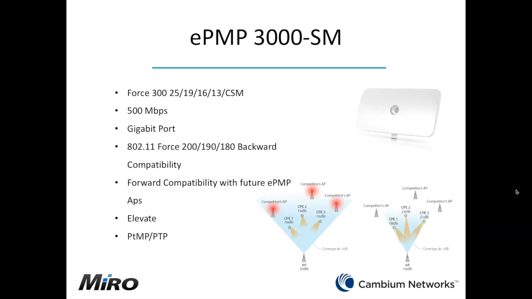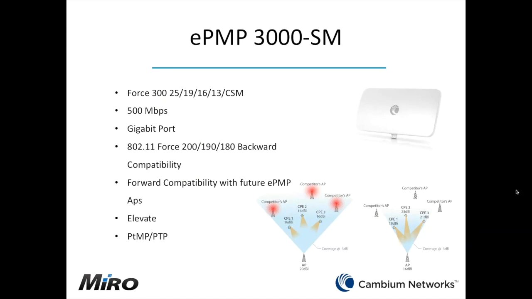So if you're adding Force 300 802.11 AC Wave 2 devices onto the network, you'll see an even better increase in throughput on your sector. Exactly. Thank you very much, Wayne.